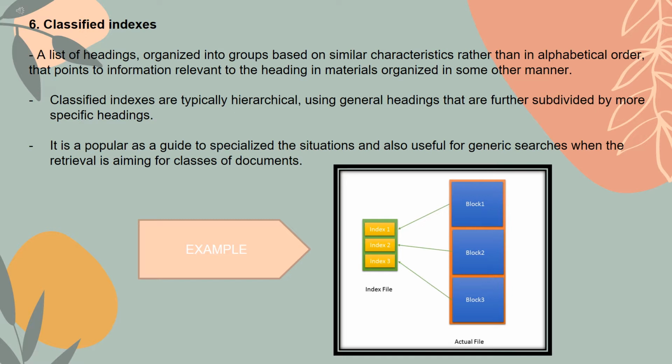Classified indexes are typically hierarchical, using general headings that are further subdivided by more specific headings. It is popular as a guide to specialized situations and also useful for generic searches when the retriever is aiming for classes of documents. So here is one example of classified indexes.